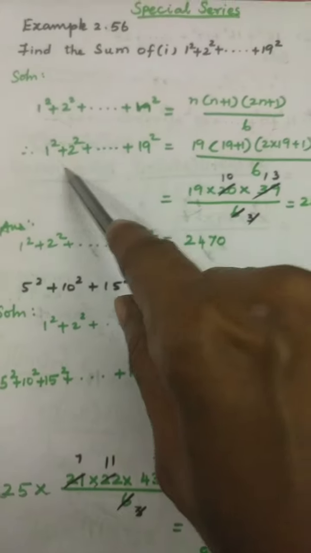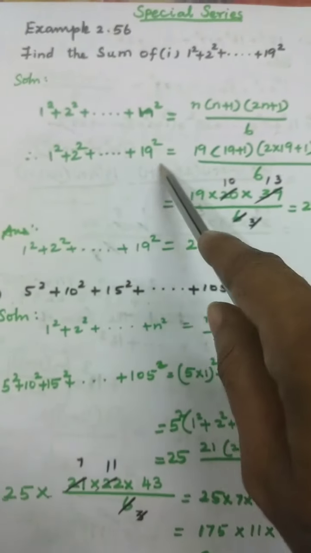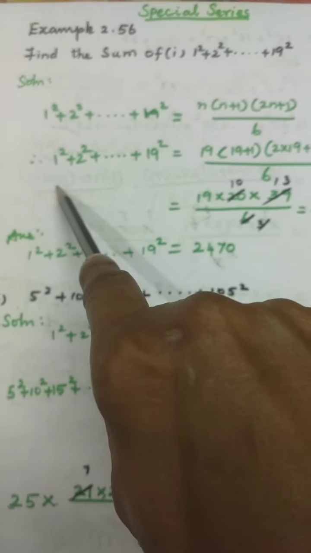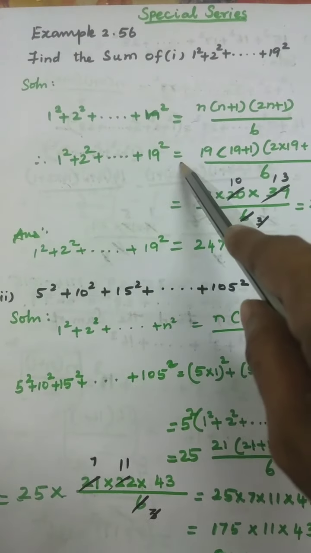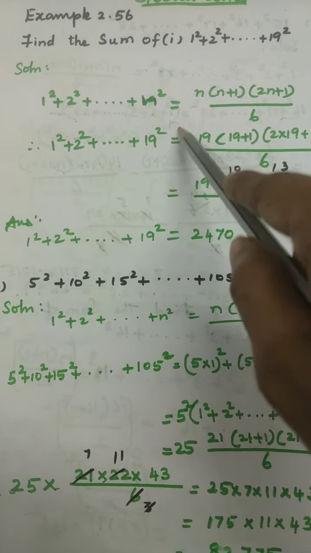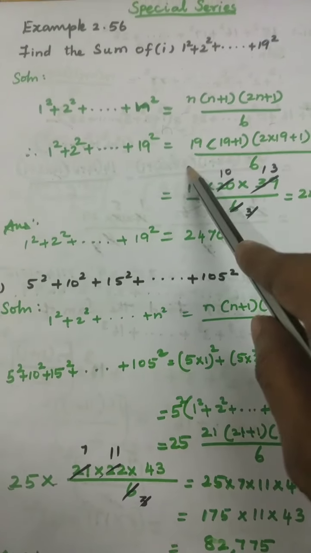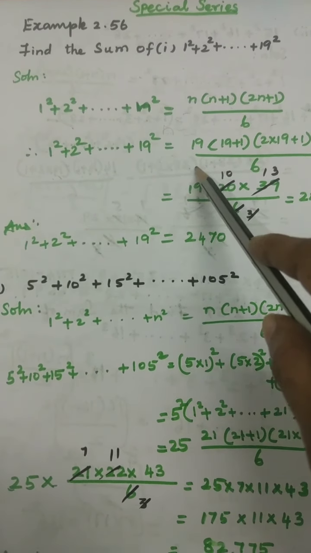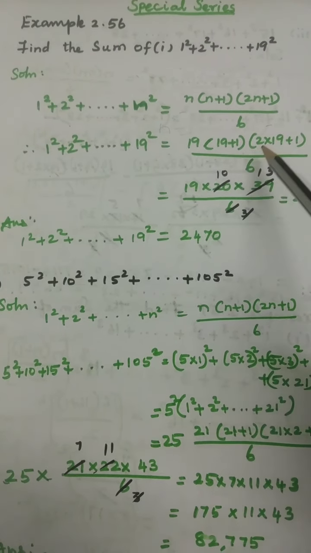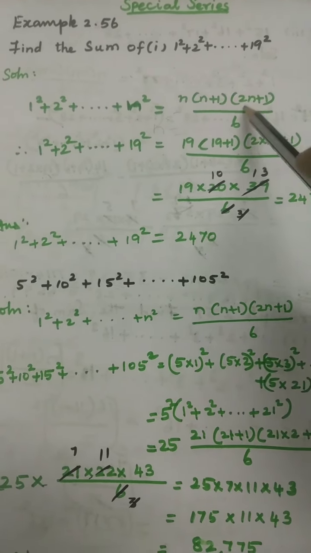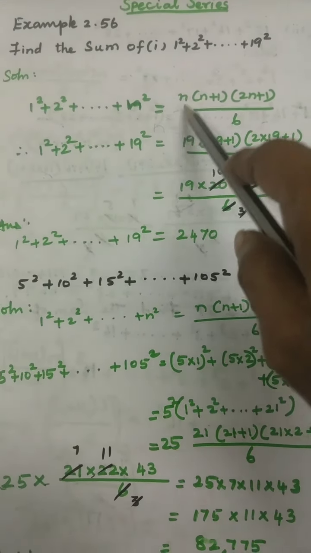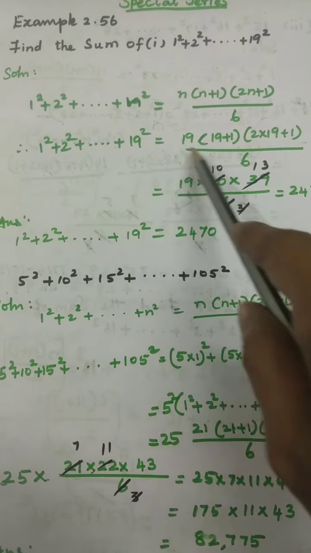Now we have to find 1 to 19, isn't it? Here the number of terms n is equal to 19. So 19 into 19 plus 1 into 2 into 19 plus 1, we are substituting the n value as 19, by 6.